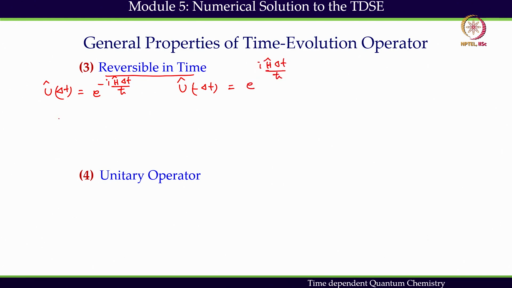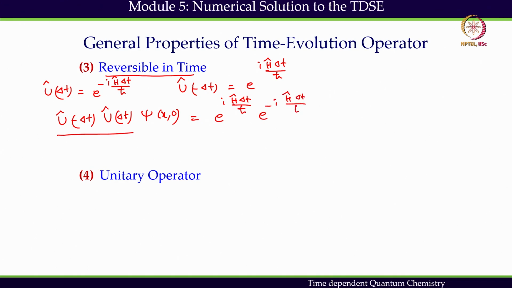So let's evaluate what will happen if I first go back and then come back, acting on psi(x,0). I am just taking the product of these two time evolution operators. If I do that, I get e to the power iH delta t by h-bar multiplied by e to the power minus iH delta t by h-bar acting on psi(x,0).